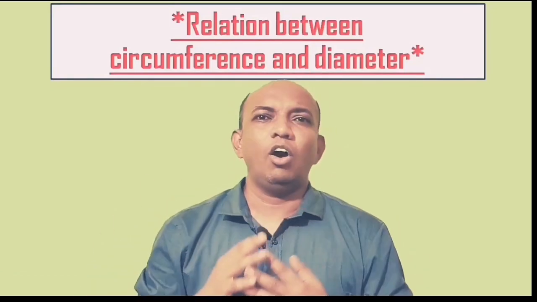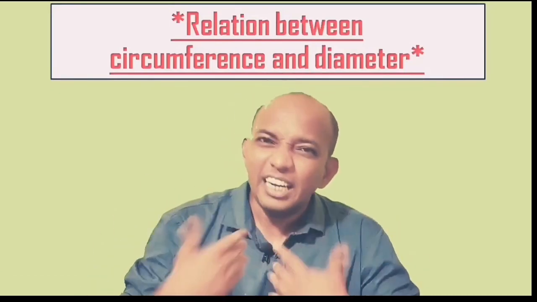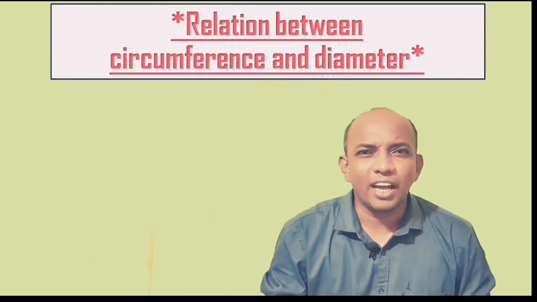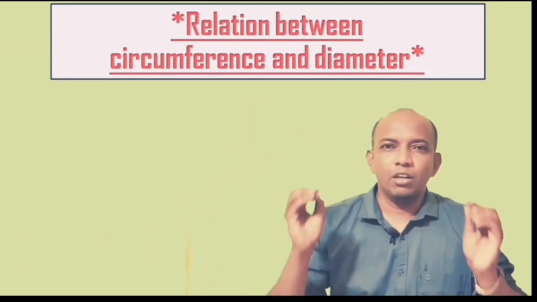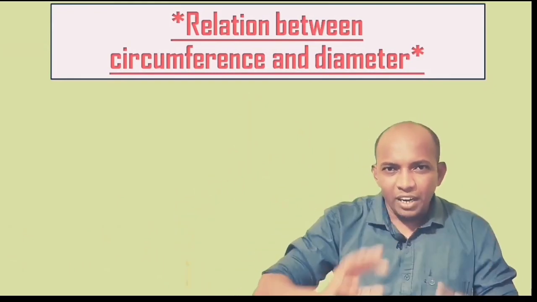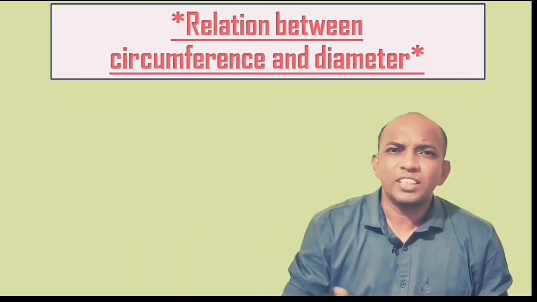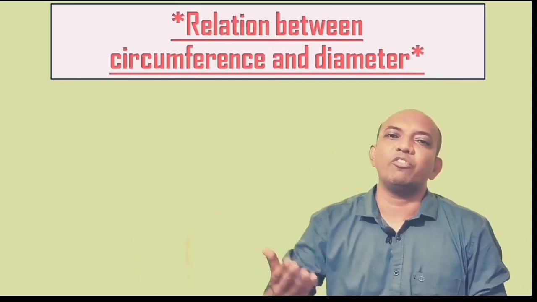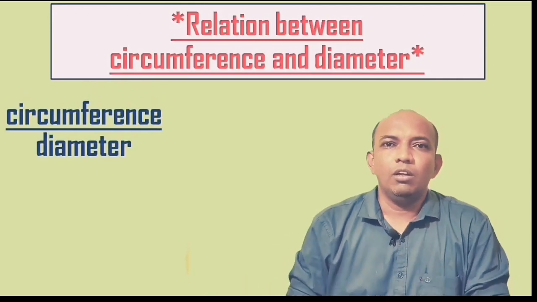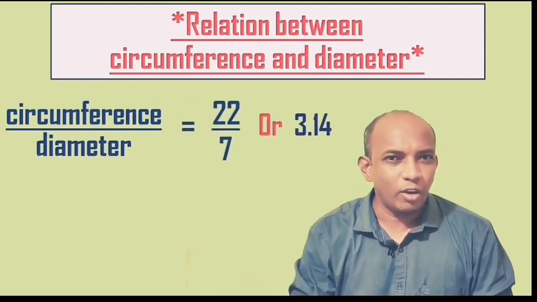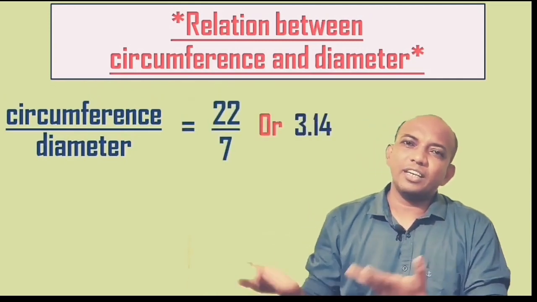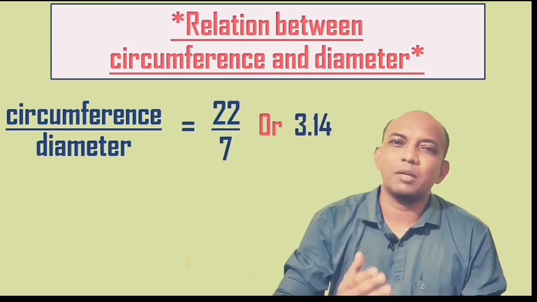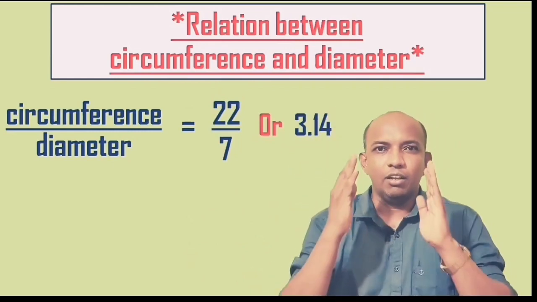Completing this activity, we can say that the ratio of circumference to diameter each time is nothing but a little more than 3 point something, right? So when you carry out more of this activity, you will come to know that this value is nothing but 3.14 and so on. Mathematicians have taken this value as 3.14, and if we take it in a ratio format, it is nothing but 22 upon 7.